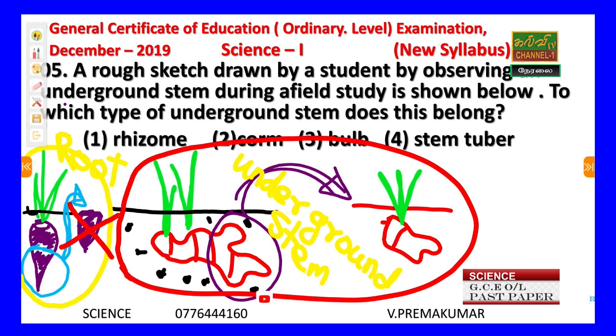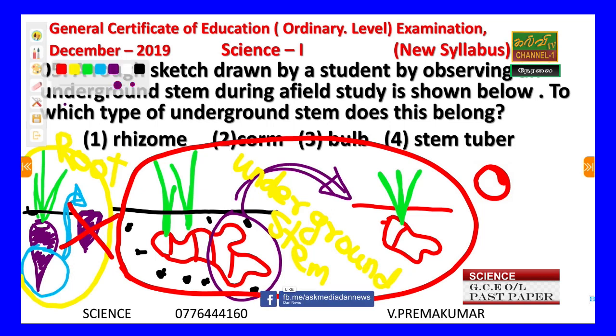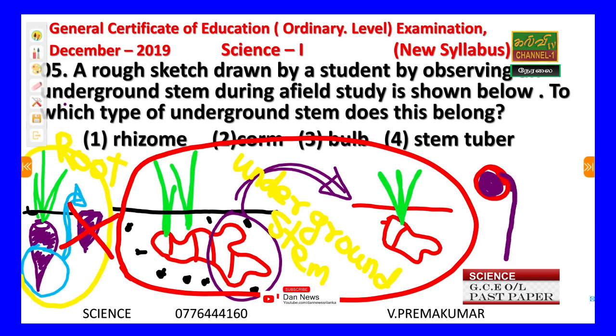You know the seeds, when you consider the seeds, seeds contain food. The food can be used to produce the root initially.